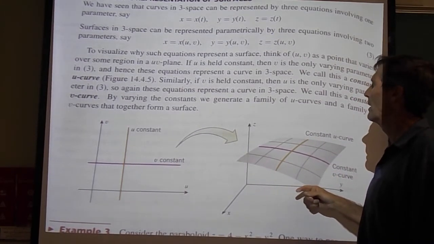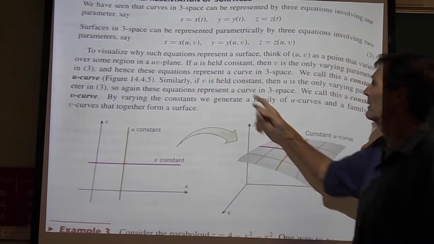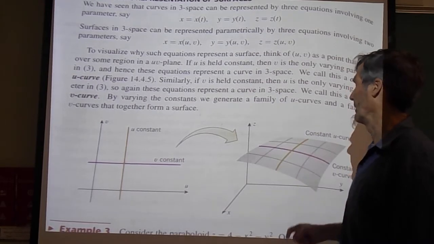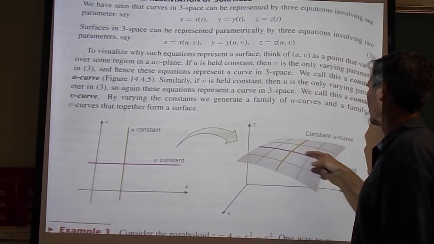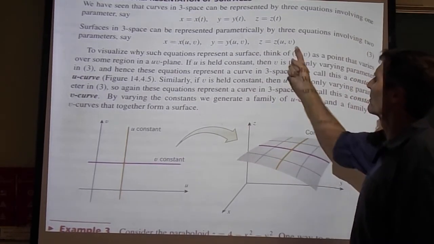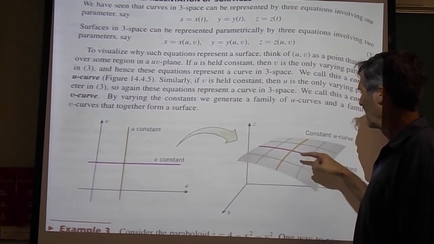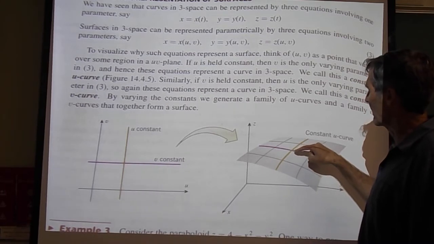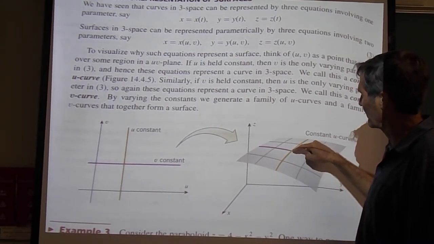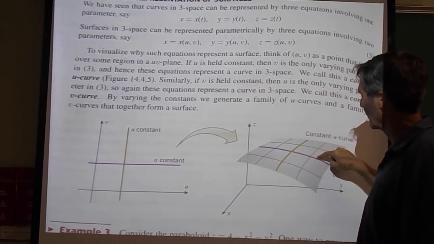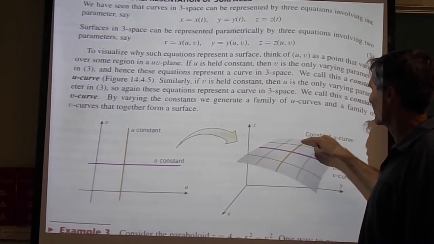Now if you hold u fixed and let v vary, then these things become a one parameter description, and you sweep out a curve. And so what you're doing when you hold one of these fixed is sweeping out a curve, and you realize now, if I were to hold one of them fixed, I could take the partial derivative with respect to the one that's not fixed and get a tangent to this curve. I could do the same the other way and get a tangent to this curve.